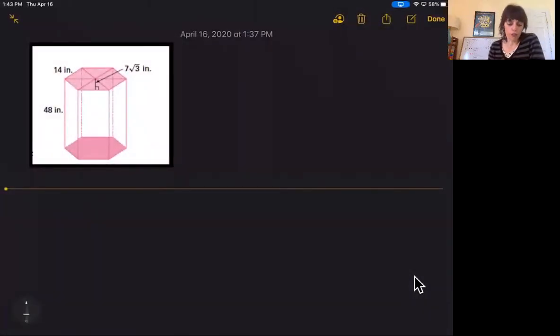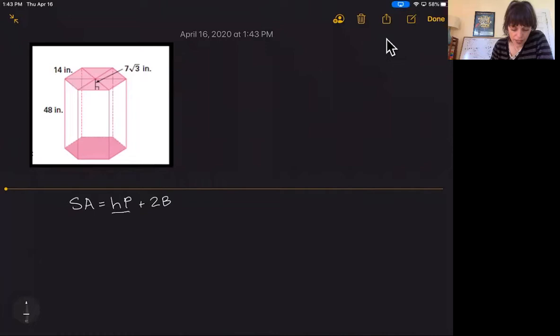And we know that the formula for surface area that we're going to use is the height times the perimeter plus 2 times the area of the base. So let's talk a little bit about what that means exactly. So the height and the perimeter are going to give us the lateral area.